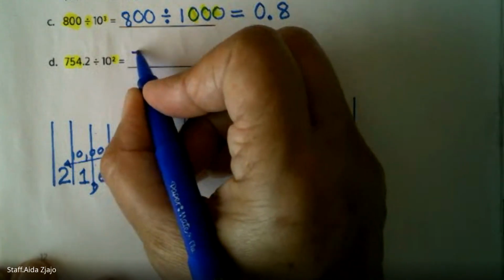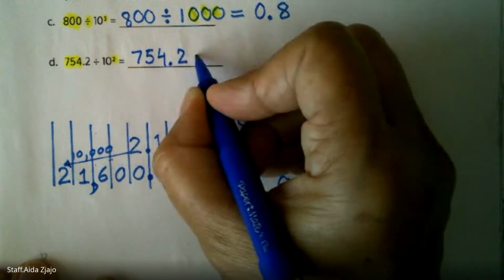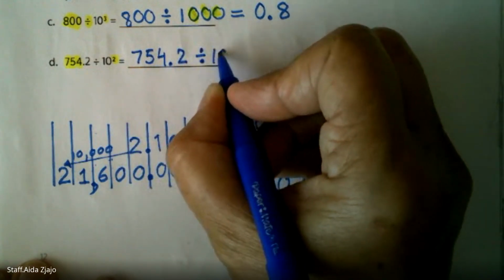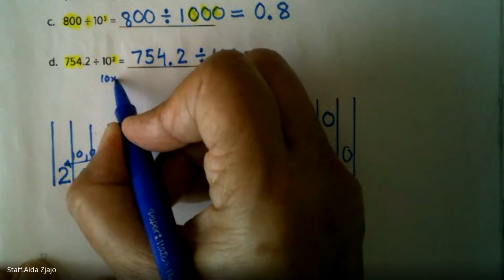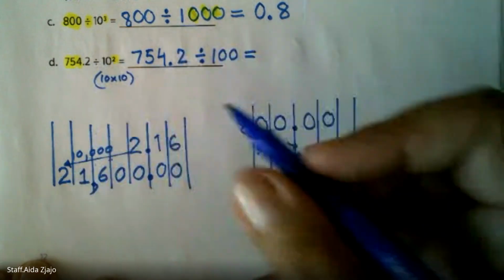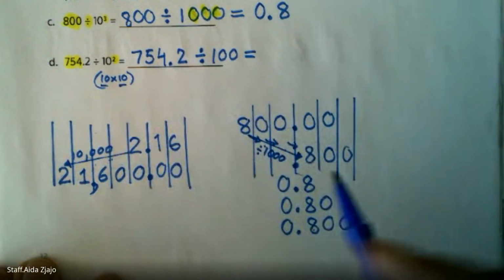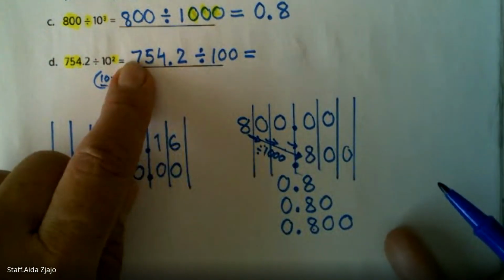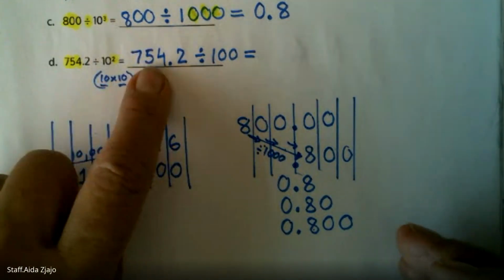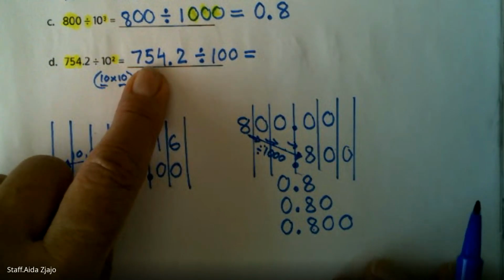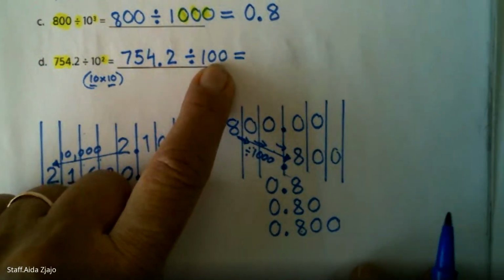So it will be 754 and 2 tenths divided by 100, which means 10 times 10 is 100. So that means that the 7 is going to move to the right twice in a place value chart because it gets 100 times smaller.